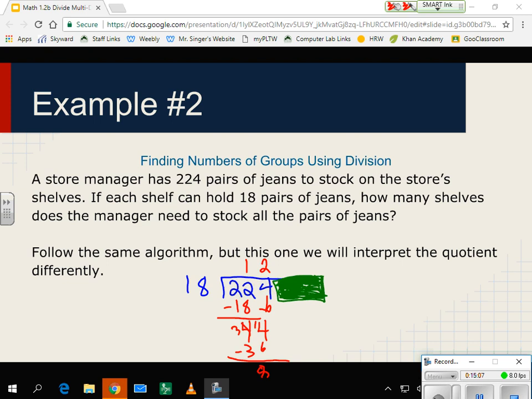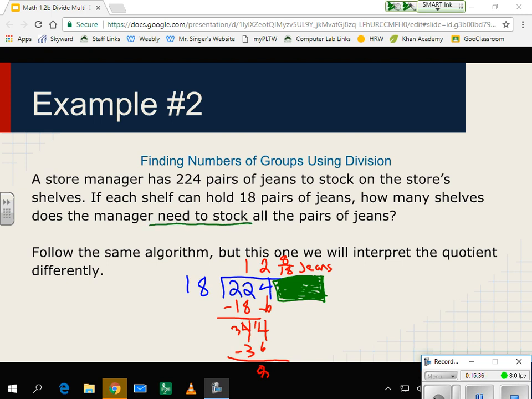So our answer, there we go. So we have 12 and 8/18 jeans. Now, does that make sense? Can you actually have part of a pair of jeans on a shelf? They're not going to be cutting up the jeans. So you have to think to yourself with this answer, if you can't fit another pair of jeans on there, what's the largest, as it says, what's the largest number needed to stock the shelves?